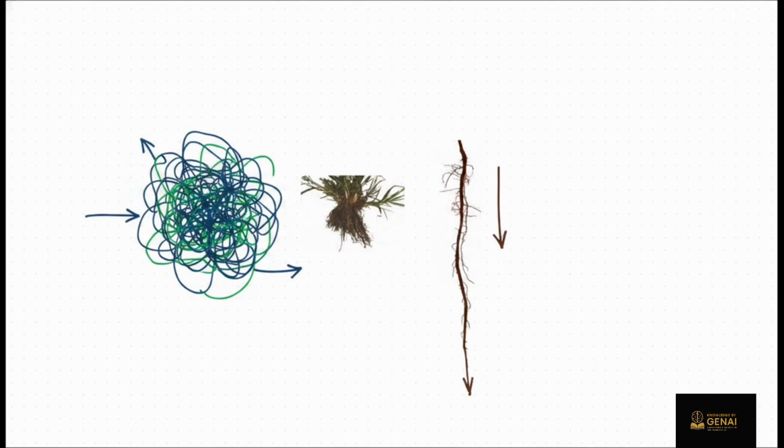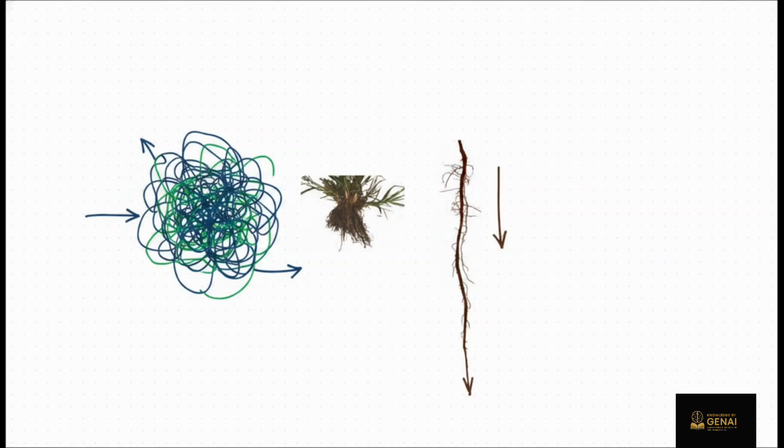But then contrast that with the fibrous root system you'll find in monocots, like your everyday grass. In that case, the primary root doesn't stick around long. It gets replaced by this chaotic, shallow net of roots bursting right out from the base of the stem.